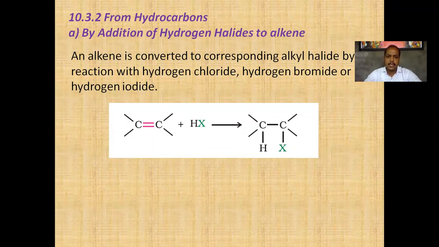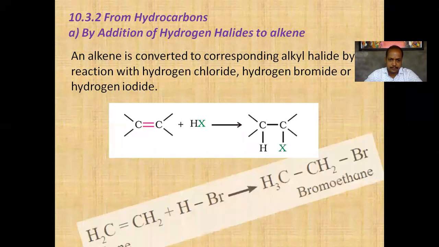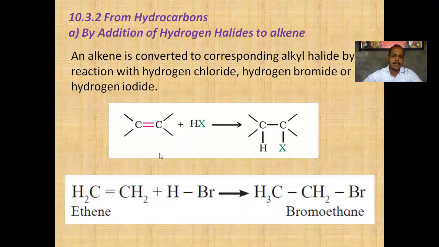Now we'll see one example. A very simple example, that is ethene. Ethene on treatment with HBr gives bromoethane. Now here what will happen? Look, this is H. This H gets attached to this carbon, so this CH2 gets converted into CH3.